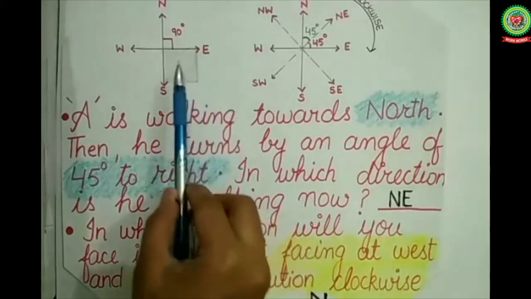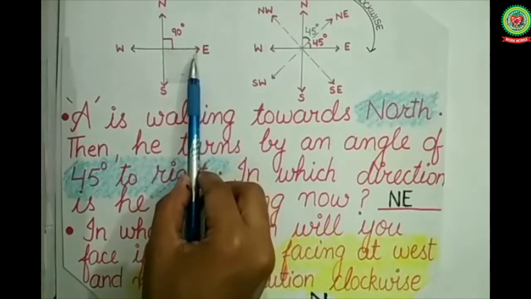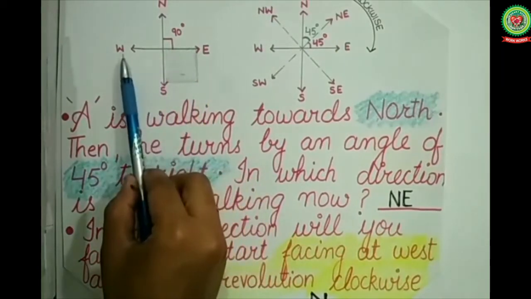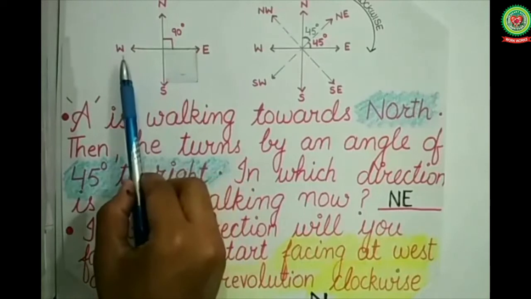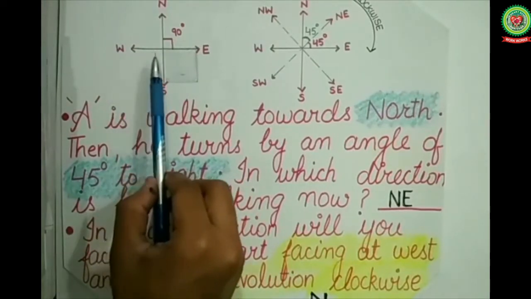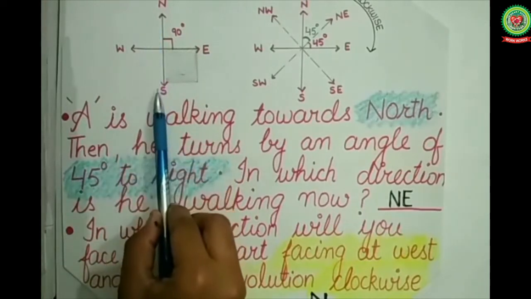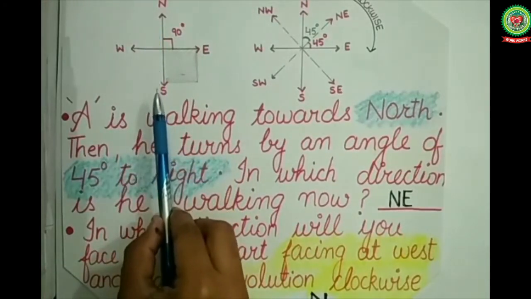Now students, you can see in this diagram that the directions of right and left are respectively east and west, and the directions of up and down are respectively north and south. These are called cardinal directions.